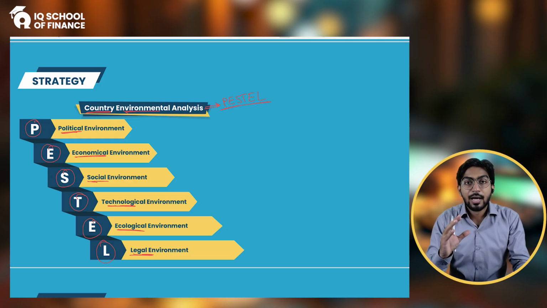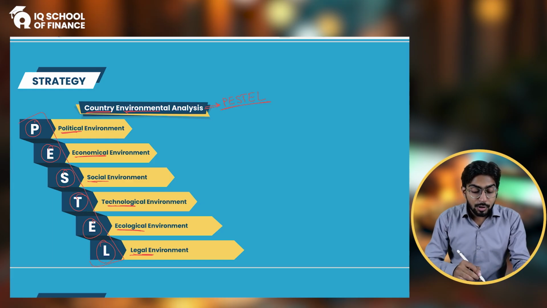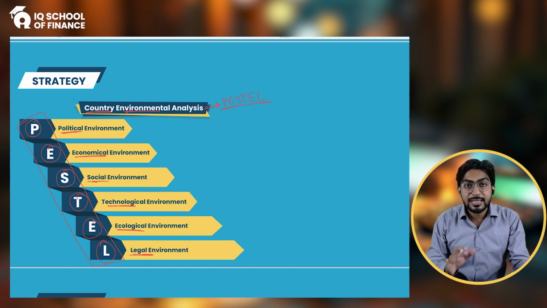So whenever a business or a business leader covers all these six aspects, and performs the analysis over these six criteria, it will cover the whole country. Because when you talk about the political environment, it will talk about the whole country, the economic, the social life, the ecological life, the technological advancement or the technological status of the country, and the legal system of the country.